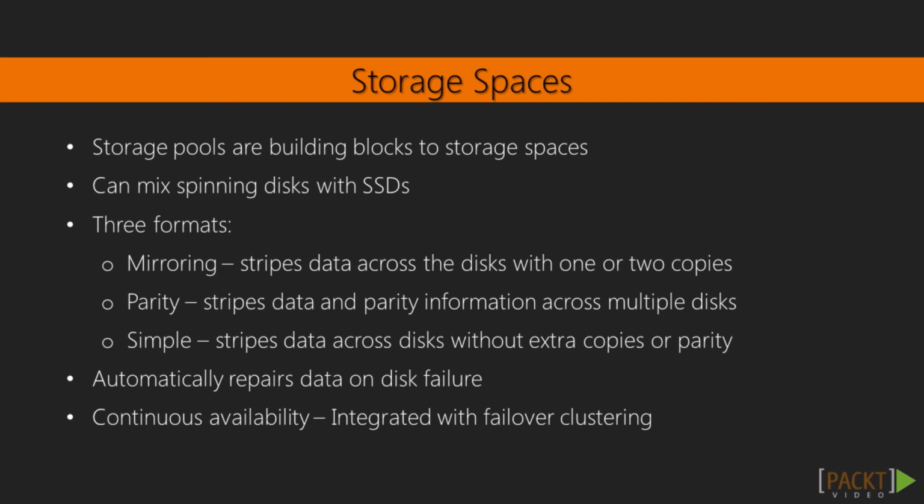There are three formats for these disks: mirroring stripes data across the disks with one or two copies, parity stripes data and parity information across multiple disks, and a simple format just stripes data across disks without extra copies or parity. Storage spaces automatically repairs data on disk failure and provides continuous availability, integrated with failover clustering.